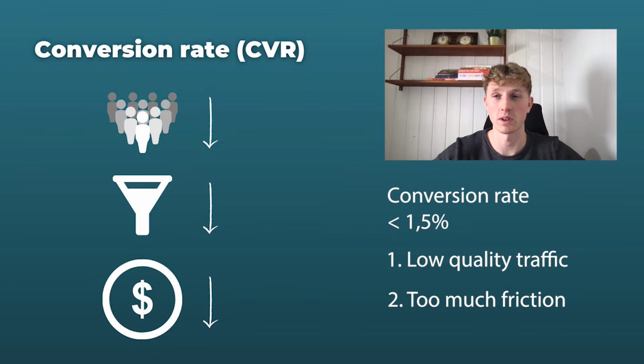So you want to minimize the friction. That means keep everything very, very simple. Don't overdo stuff. Keep the add to cart button very visible. Make sure that you have enough images and product information, and make sure that the product information and all the images are appealing and actually what the customer needs in order to be convinced to go ahead and purchase the product.